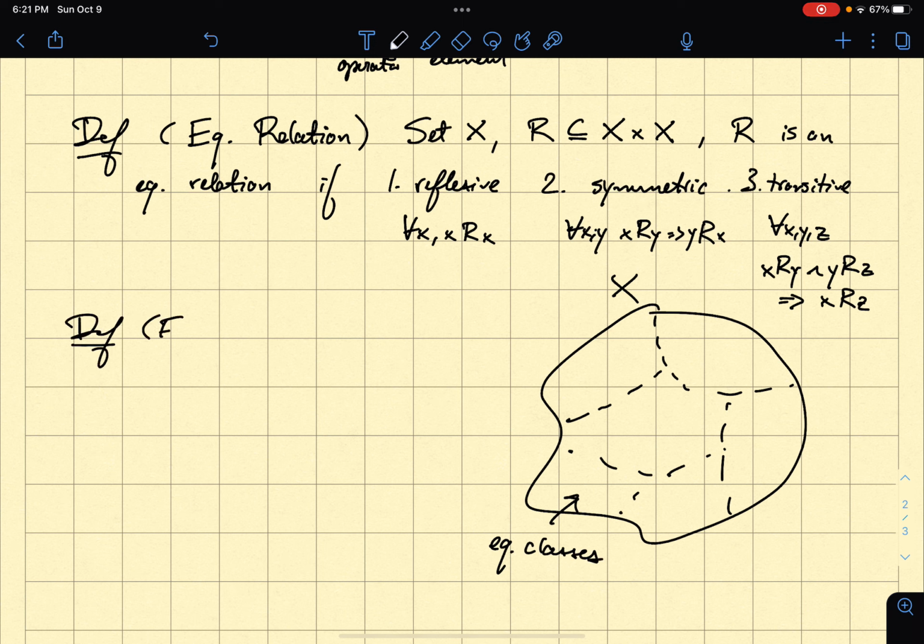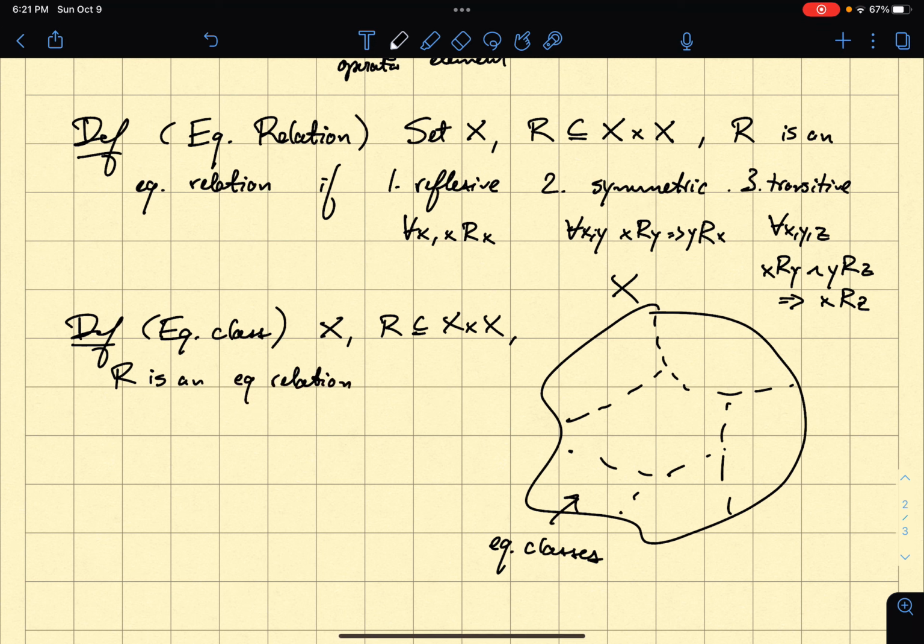So the definition of an equivalence class, right? Well, again, suppose you have a set X, you have R, which is a subset of X cross X, but now R is an equivalence relation. Then an equivalence class of R is just a set of elements, which we'll denote with a square bracket x. x is just a representative of this equivalence class.